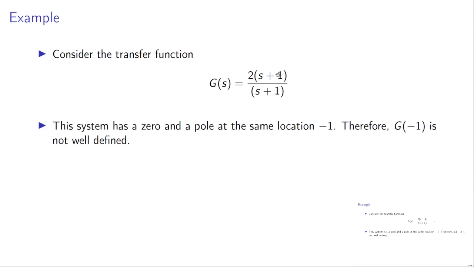Otherwise, the function will not be well defined at minus 1, because you have a division of 0 by 0. This is also sometimes dangerous when you design a controller to cancel a pole that's an unstable pole.